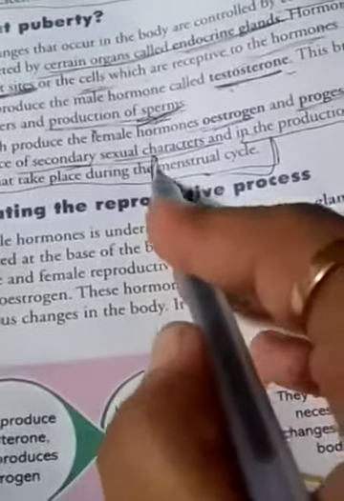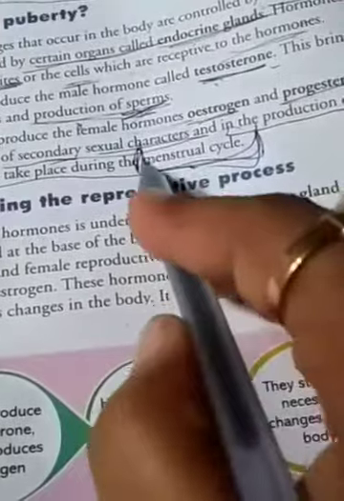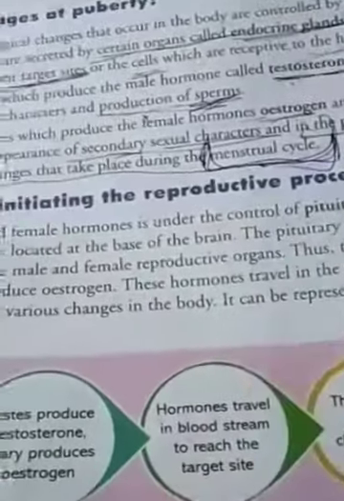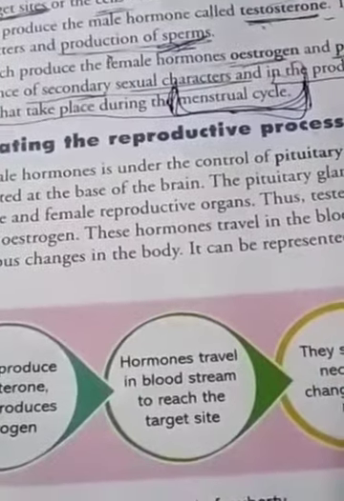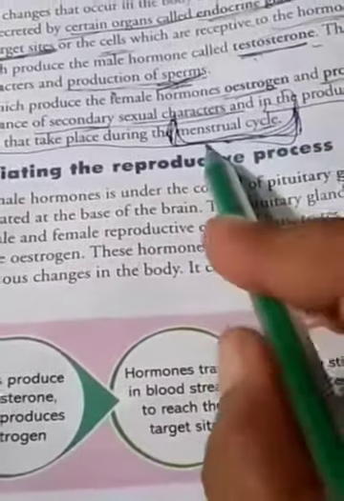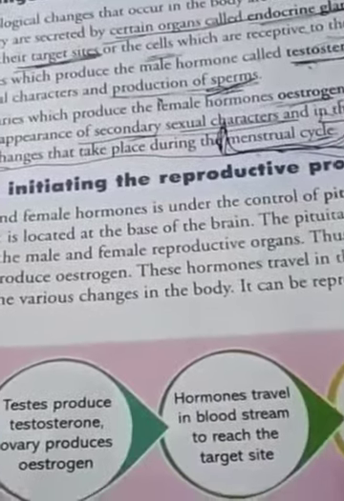What is the menstrual cycle? It occurs in females. We will discuss this in the same chapter, in a video after this one.